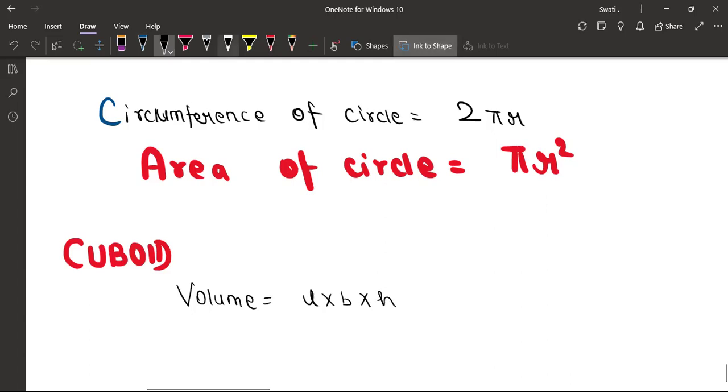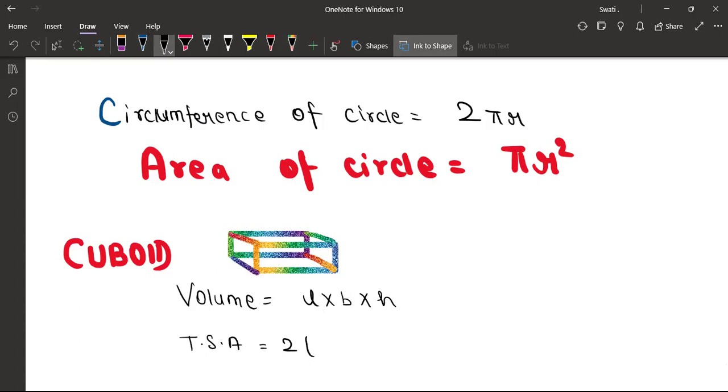Okay, let me quickly draw a cuboid here. So to find the volume of a cuboid, the formula is length into breadth into height.